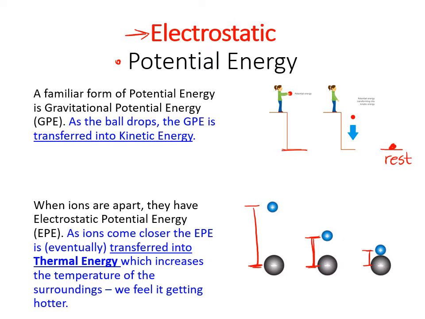You know that that ball has potential energy. Because gravity is going to pull it down, we call that gravitational potential energy. You've probably never heard it referred to as gravitational, but that's what it is.